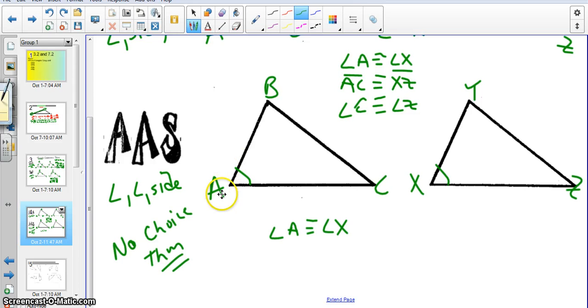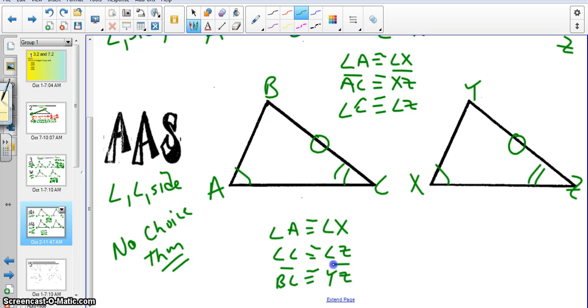So if I have angle A and then I know angle C is congruent to angle Z, then the side, again, I'm going in order, going around the triangle in a counterclockwise fashion. So I have angle, angle, and then I need side. Angle, angle, side. So it would be BC is congruent to YZ. And again, we will touch on angle, angle, side and the no choice theorem a little bit more in class.